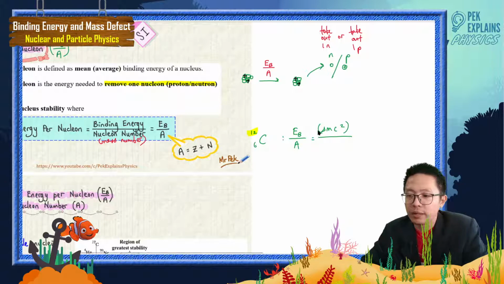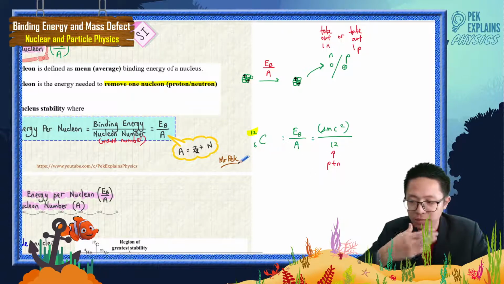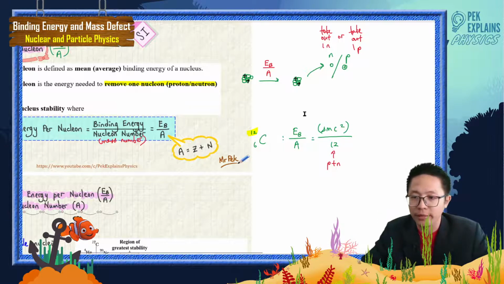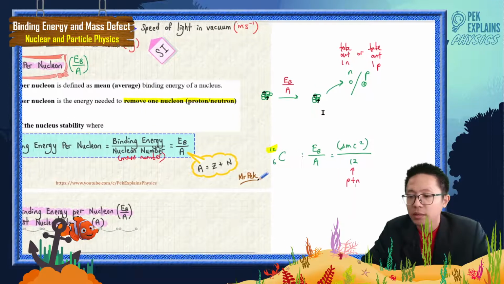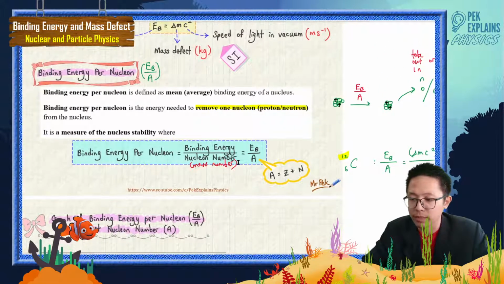Divide by 12, not by 6. This 12 means the proton plus neutron. Maybe you ask why we need to divide by the nucleon number; later I will explain why. So divide by 12, the mass number. Nucleon number is the mass number.